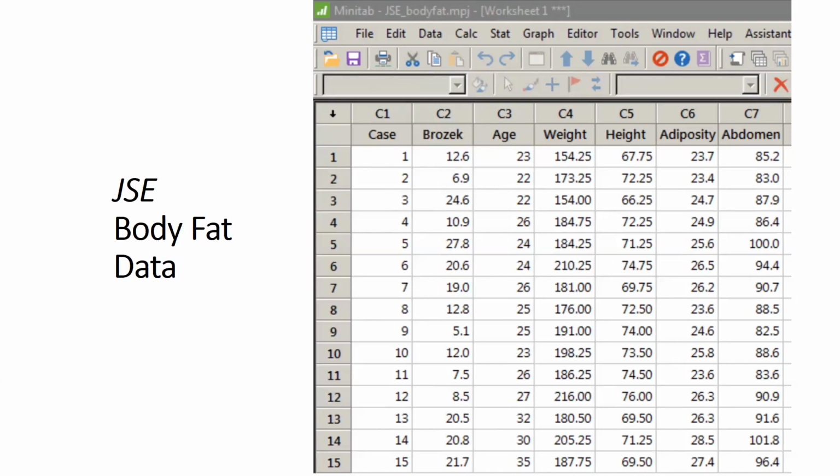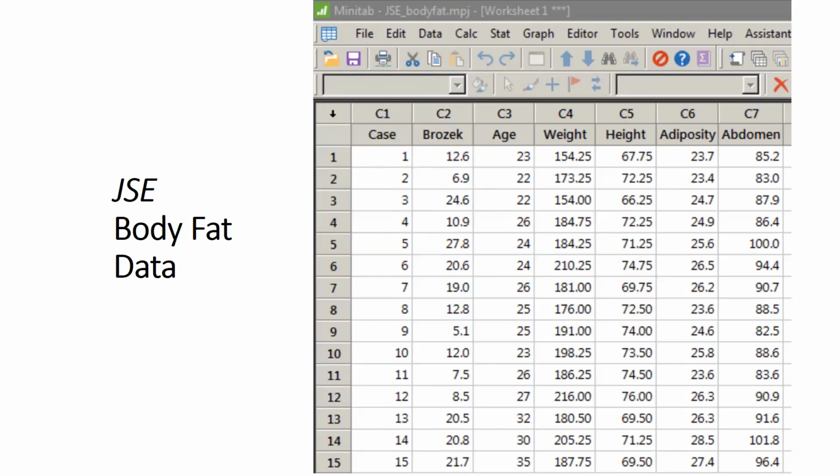So this represents the process of building a model to replace the real wet process of finding somebody's body fat percentage. This data set is built on a sample of adult males, and the data set is actually larger than what I'm showing you here.